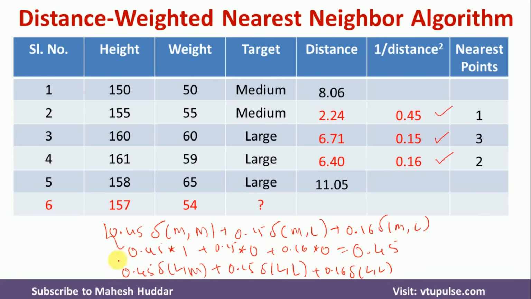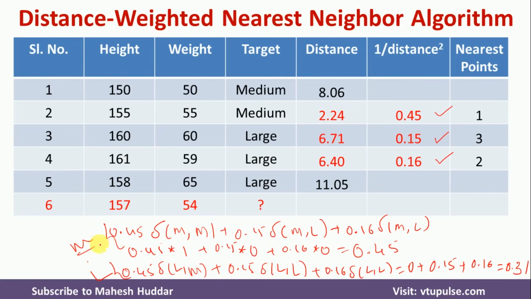This is the calculation for large. Now this is equivalent to 0.45 times delta of l comma m, that is 0, plus 0.15 times delta of l comma l, which is 1, so it is 0.15, plus 0.16 times delta of l comma l, again 0.16 only, which is equivalent to 0.31 here.